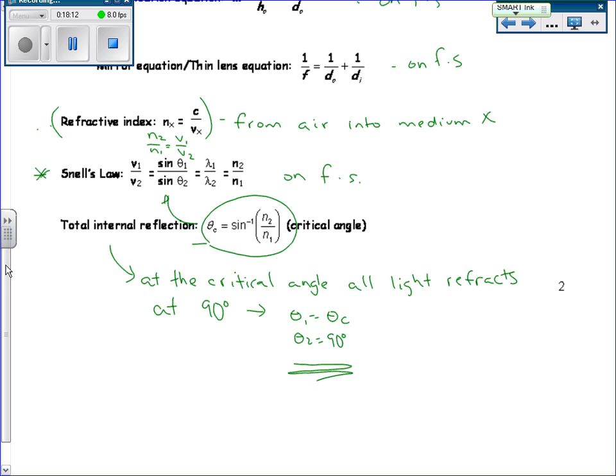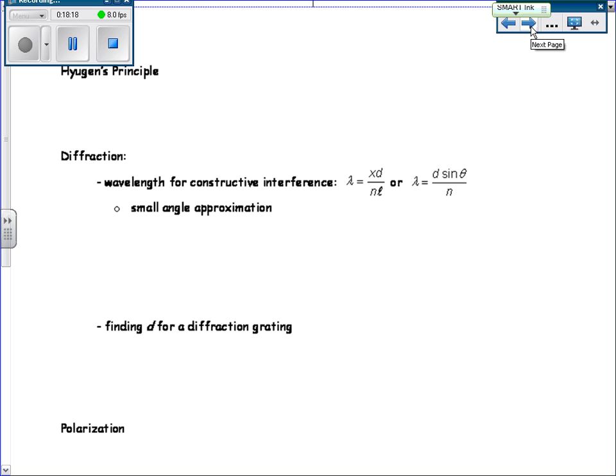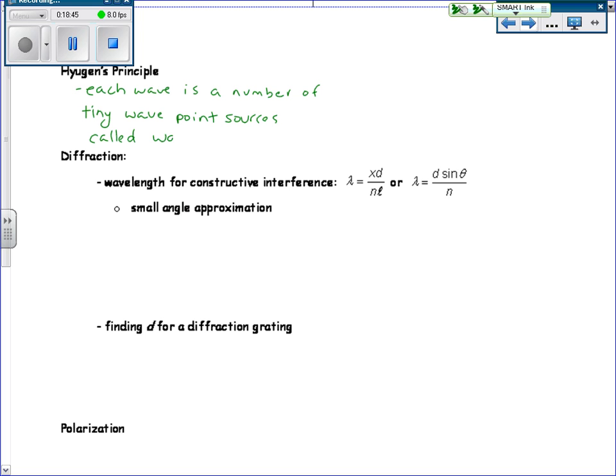Okay, so then we're going to move on to diffraction. Huygens principle. Remember, it's just that each wave is a number of tiny wave point sources called wavelets. So you start with whatever your point source is, and it goes out in a wave like this.